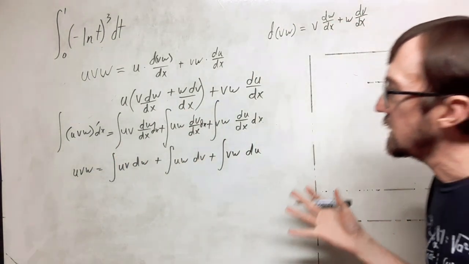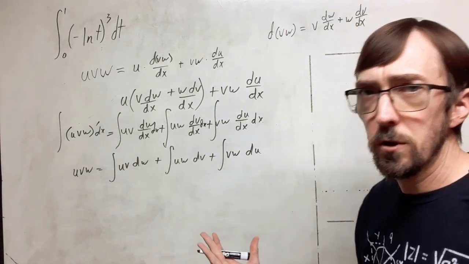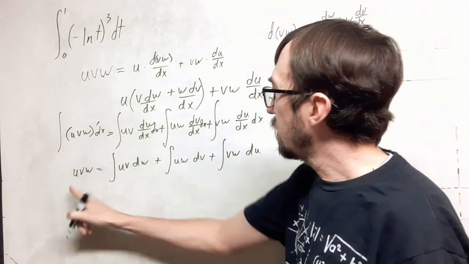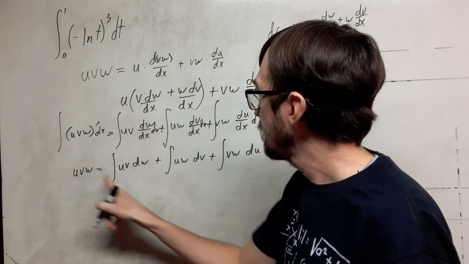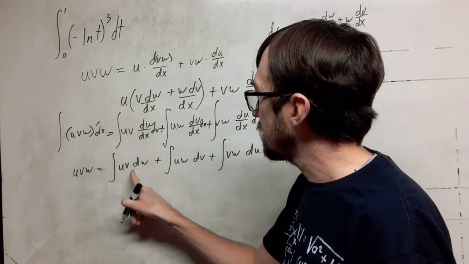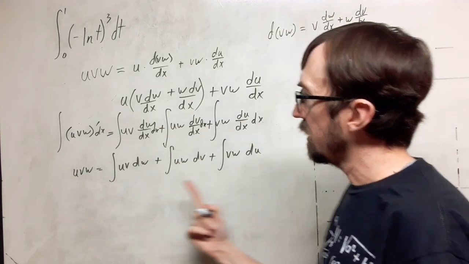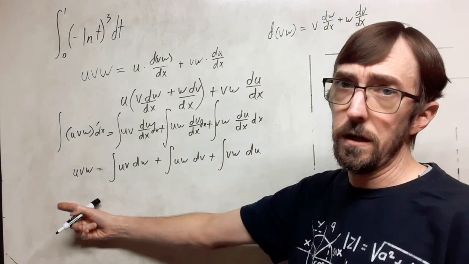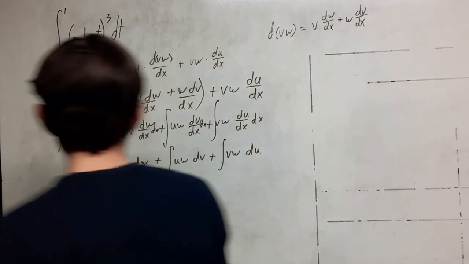You can kind of see the traditional integration by parts formula start to show up here. We want to switch these places here. So we are going to subtract this from both sides and subtract this from both sides. And then we're going to multiply through by a negative so that this, which would have been a negative when we moved it, will become positive again, and then all these signs will change.